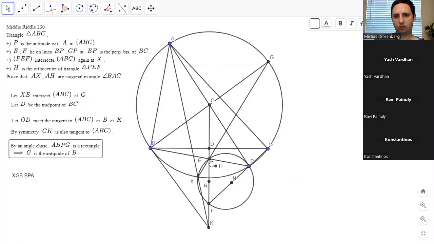So PG and AB are equal chords. Okay, PXG. So angle PXG is APB.